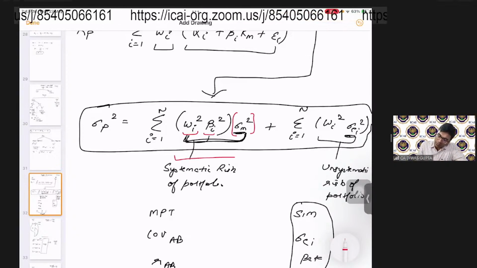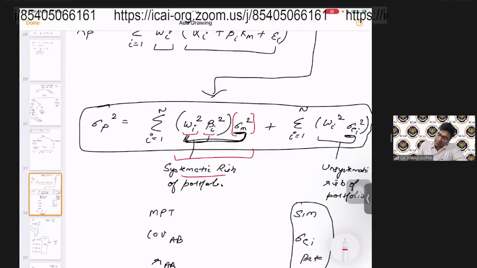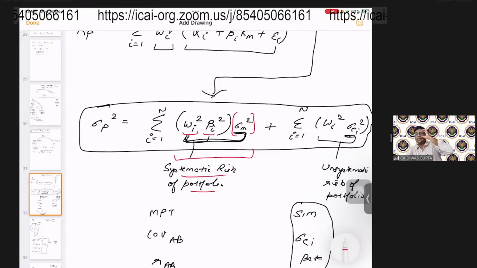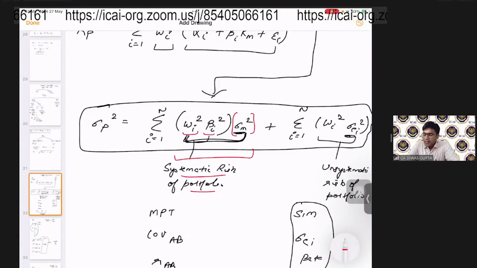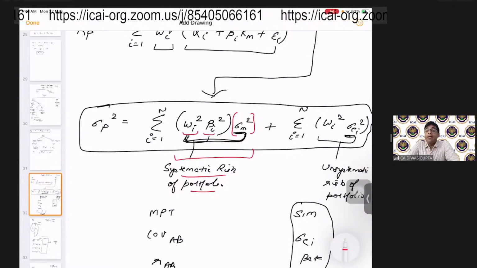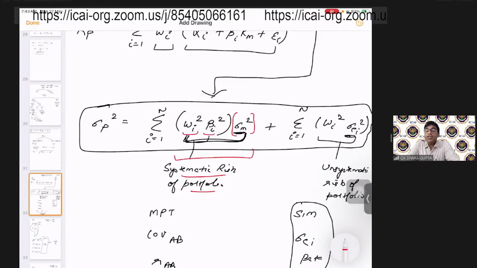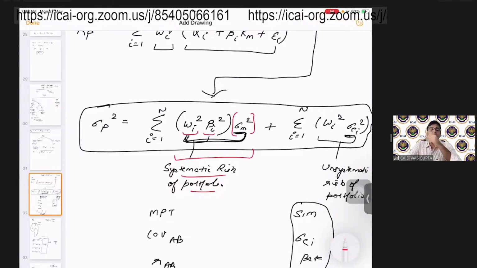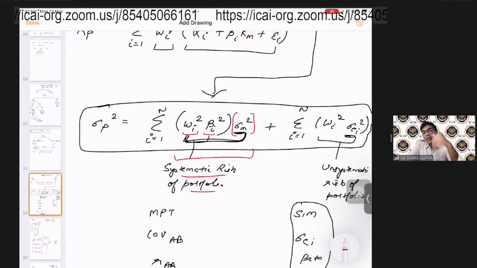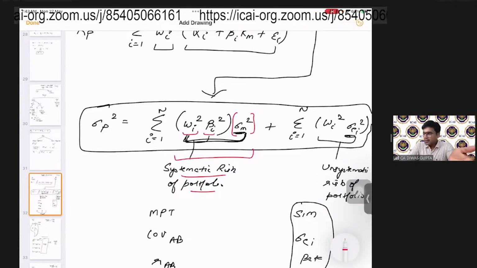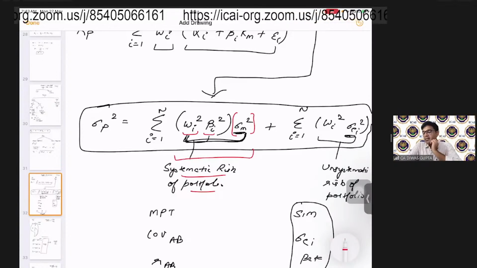This entire part will give us the systematic risk of the portfolio, students. Clear? And let me tell you, in beta, the interrelationship between two securities is not used. The relationship of that security with the market is used. Correct? That is where beta is.